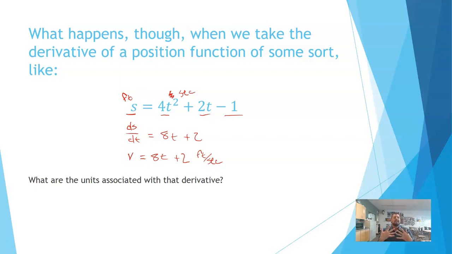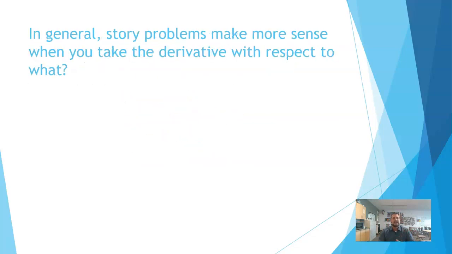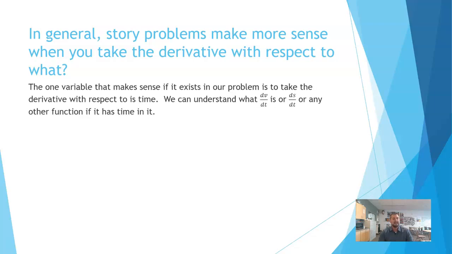If I say this is a formula in miles per hour that tells you how fast you're going, nobody's going to question and say, what in the world is miles per hour? They might say it with cubic feet per foot, but not miles per hour. The key to understanding these story problems is that when we use the derivative, because we are talking about a rate of change, they make a lot of sense as long as you're taking the derivative of something with time in it.